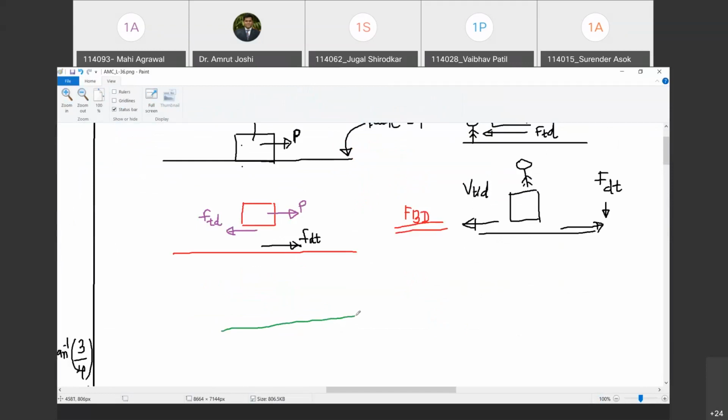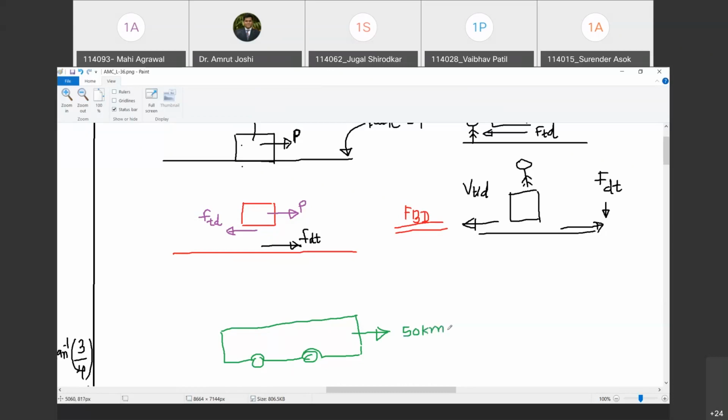Imagine that this is a conveyor belt or this is a table, this is a vehicle, a bus. Are you with me? Yes, sir. And this bus is moving in this direction with a velocity of, let us say, 50 kmph.